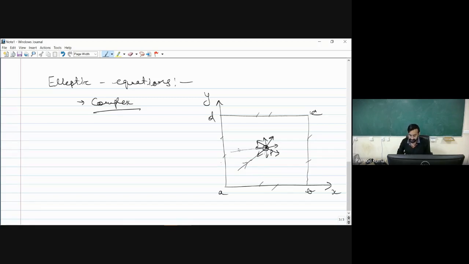For example, if I take this as a heated block, and I have some heating element at the center, and all my boundary temperatures are less than the temperature at the center, then the temperature field will be uniformly propagating in all directions.